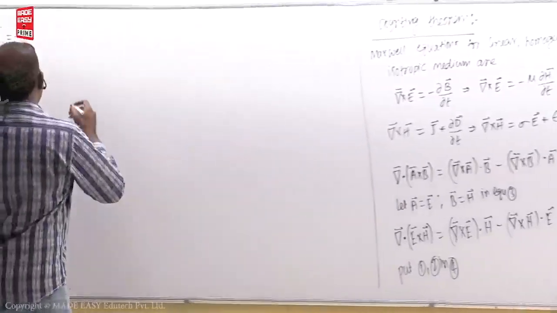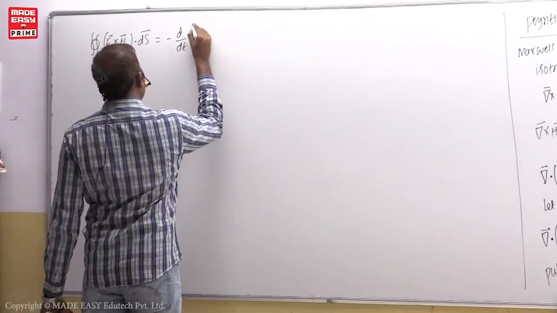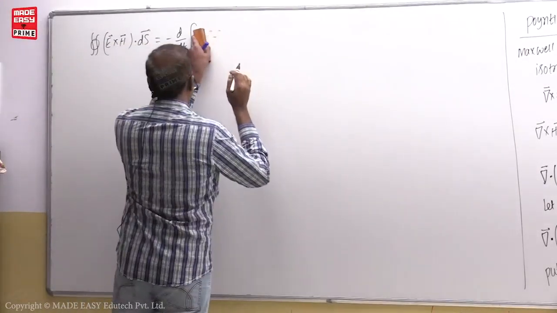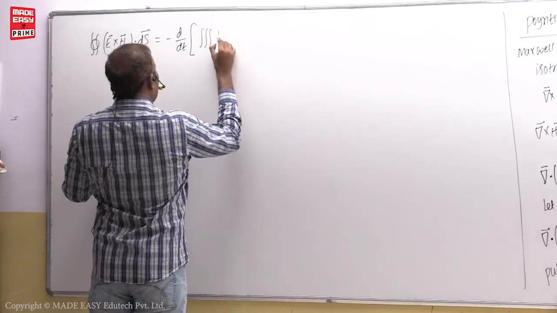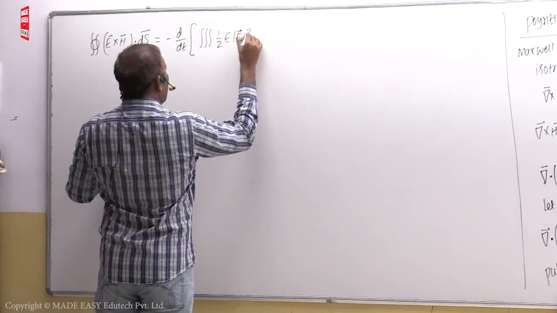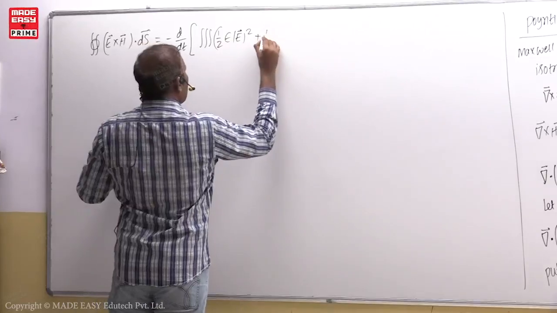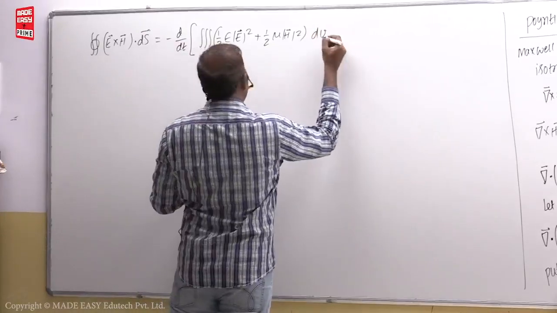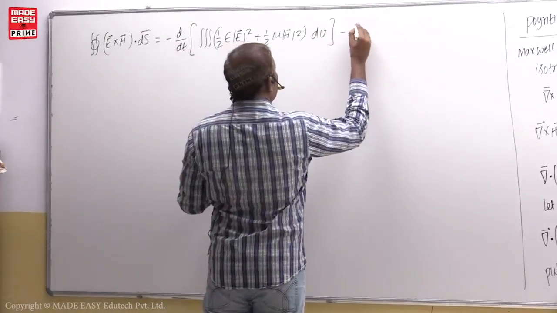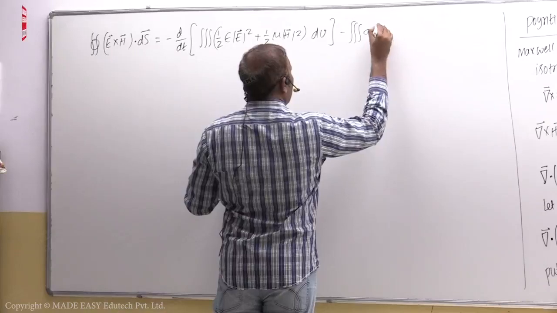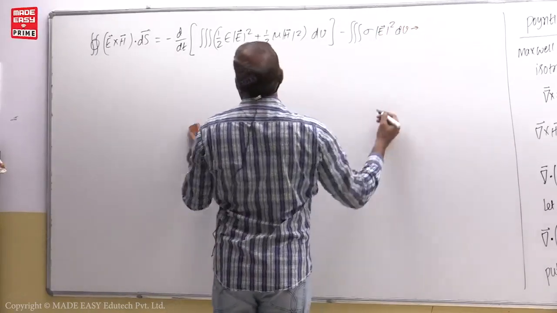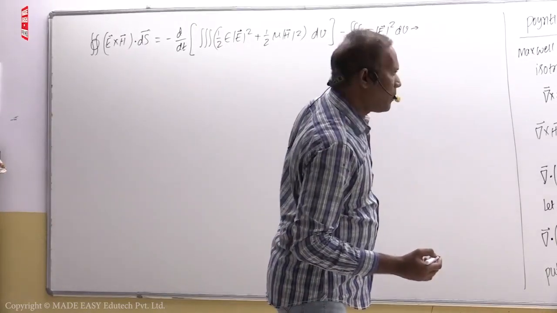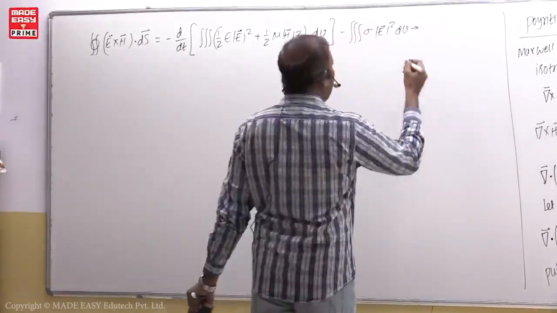So minus d by dt of the triple integral of half epsilon mod E square plus half mu mod H square dV, minus the triple integral of sigma mod E square dV. Let us say this is equation number 9.